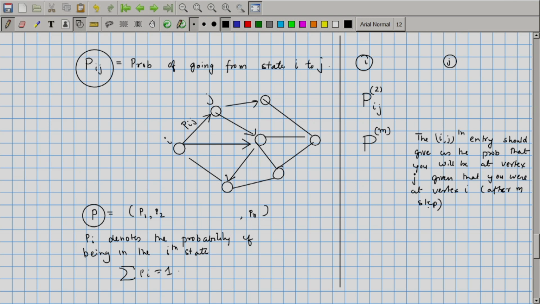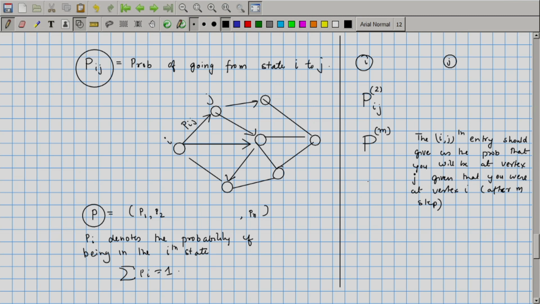So, imagine that you are already at vertex i. After m steps, when you look at the Markov chain, what is the probability that you will be at state j? Compute this for every i, j, and the matrix that you get by placing these probabilities is our matrix P^m.